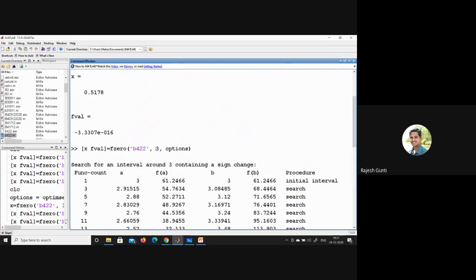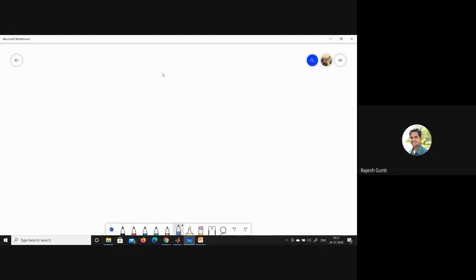What is MATLAB doing here? I give an initial value. How is MATLAB doing all these things? How is MATLAB identifying the root? This is a very interesting thing. Here, I have given a function f of x, like x e power x.